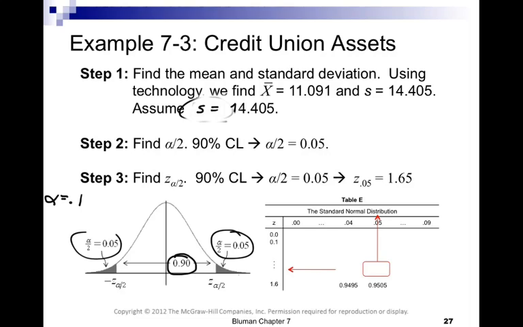I didn't view this, but I believe that when you look up your area under the curve right here, this should be 0.95, right? Because you only have 0.05 here. So what you should be looking up is 0.95. I believe this number should actually be in here.